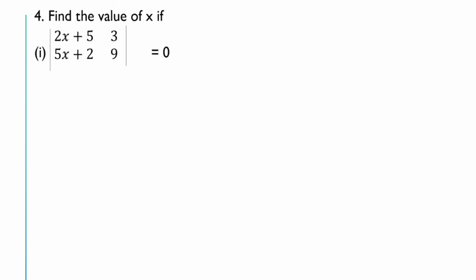Next question, find the value of x if the given determinant is equal to 0. So we can find the determinant as multiplying these two minus finding the product of these two.